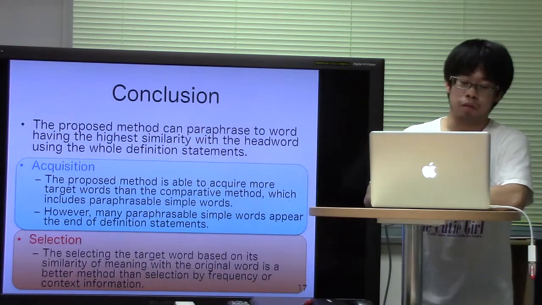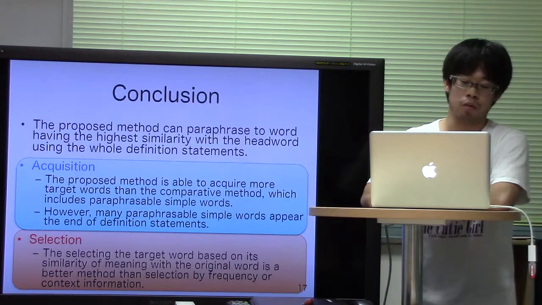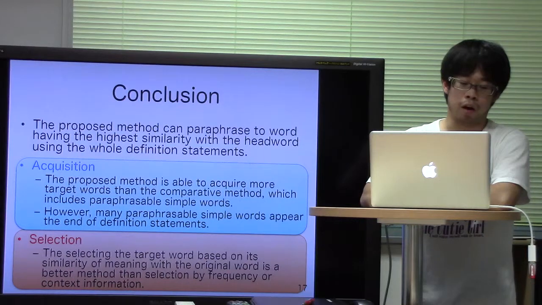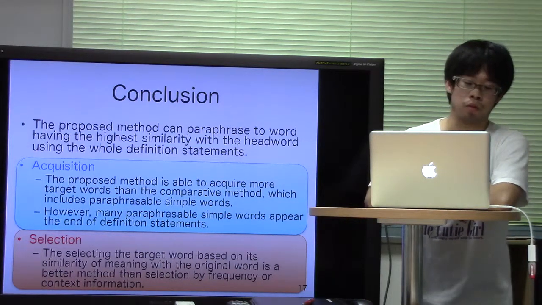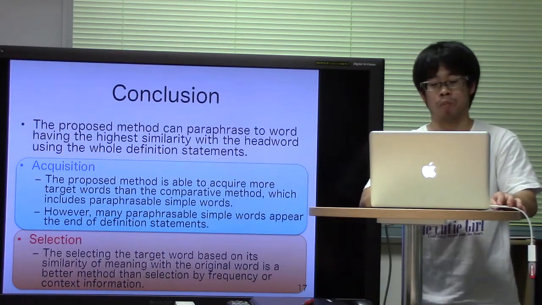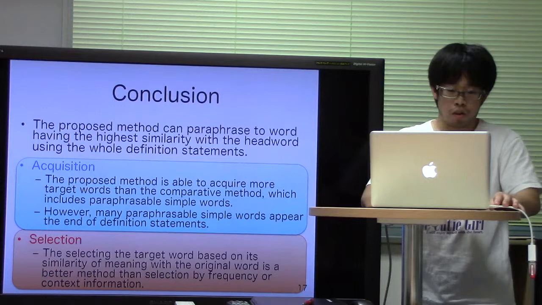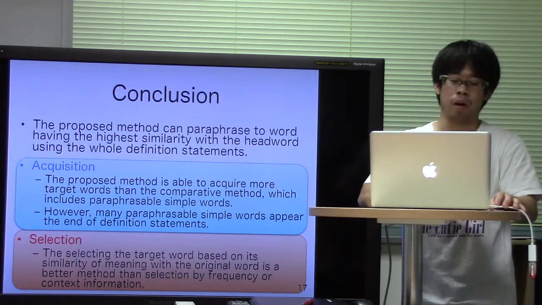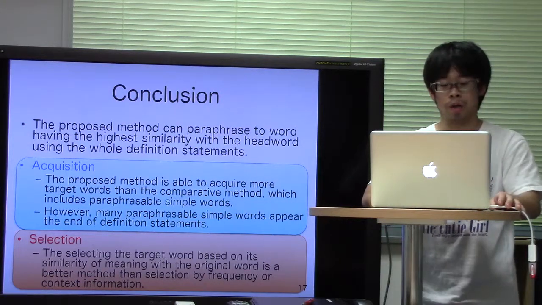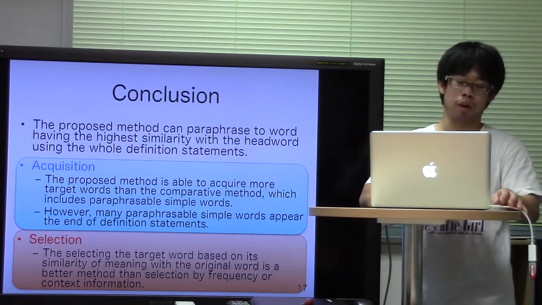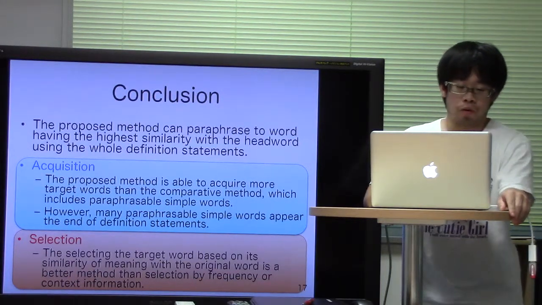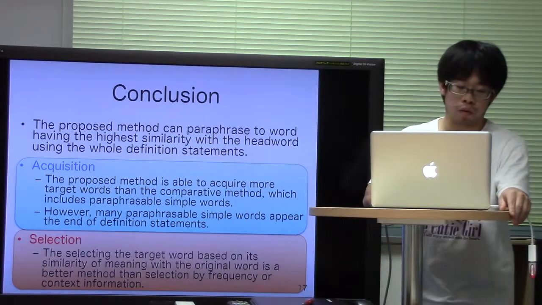This study demonstrates that to achieve lexical simplification for elementary school students, it is effective to paraphrase using definition statements from multiple Japanese dictionaries and the lexical restrictions of basic vocabulary to learn. Since the proposed method acquires target words from the full text of the definition, it may be able to select more appropriate target words than comparative methods, which make use of only the end of the definition statement.